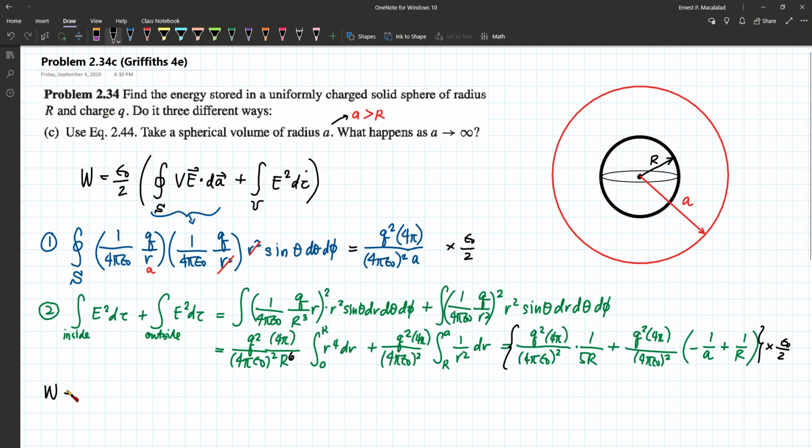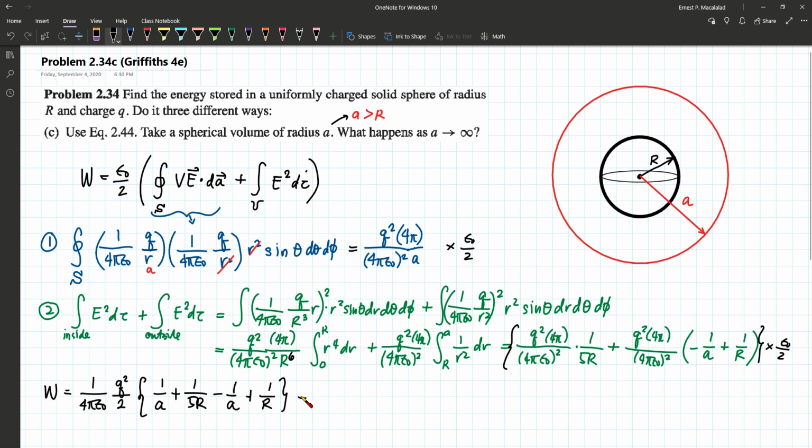So this is now equal to 1 over 4 pi epsilon naught, q squared over 2. And then this becomes 1 over a, and plus 1 over 5r. Okay, and then minus 1 over a, and then plus 1 over r.